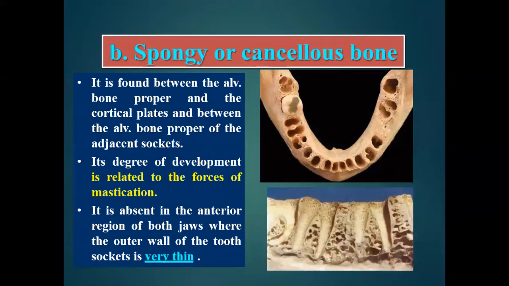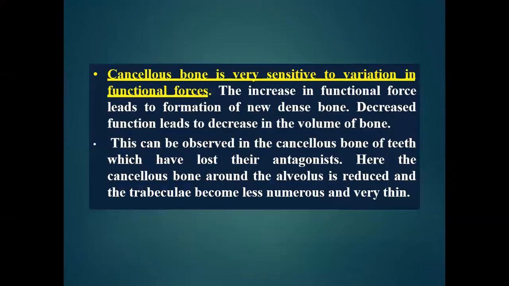Next, we see about the cancellous bone. It is found between the alveolar bone proper and the cortical plates, and between the alveolar bone proper of adjacent teeth. Its degree of development is related to the force of mastication. It is absent in the anterior region of the jaws where the outer wall of the tooth is very thin.